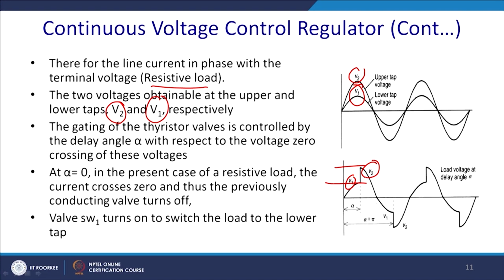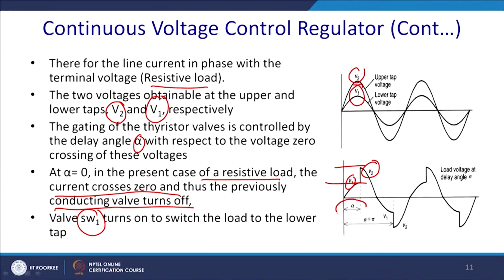The gating of the thyristor valve is controlled by the delay angle alpha with respect to the zero crossing of these voltages. At alpha equal to 0, in the present case of a resistive load, the current crosses 0 and thus the previously conducting valve turns off. Valve SW1 turns on to switch the load to the lower tap, and thus we obtain this profile.